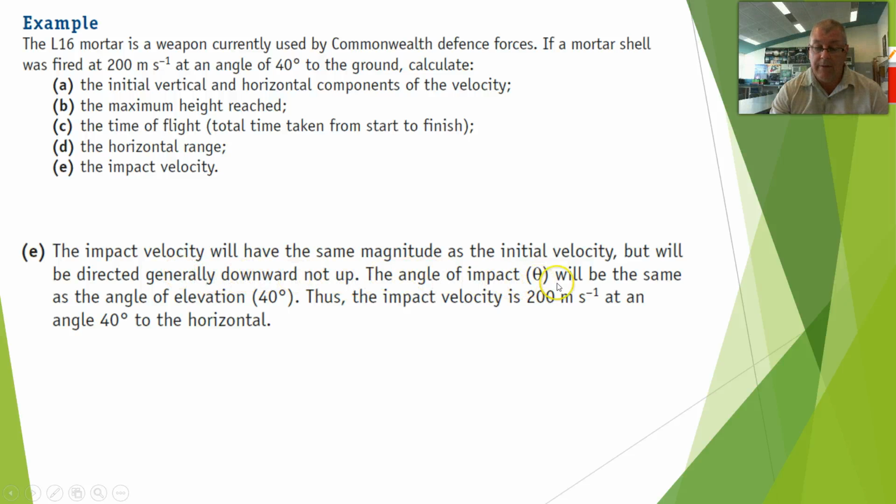The angle of impact will be the same as the angle of elevation, but downwards. Okay, and so they say the impact velocity is 200 meters per second, at an angle of 40 degrees down from the horizontal, I would say.